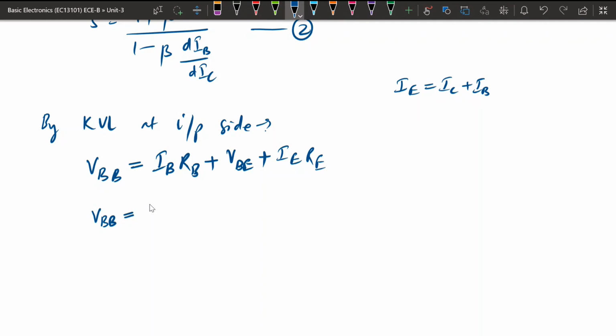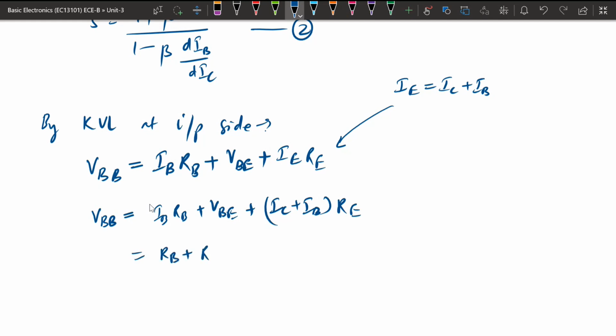So by putting this value here, we get IB RB plus VBE plus IC plus IB multiplied by RE. So we can separate out IB: RB plus RE for IB, plus VBE plus IC RE.